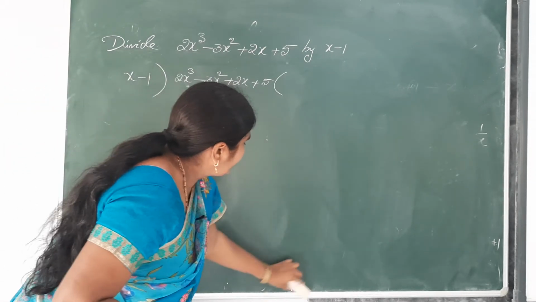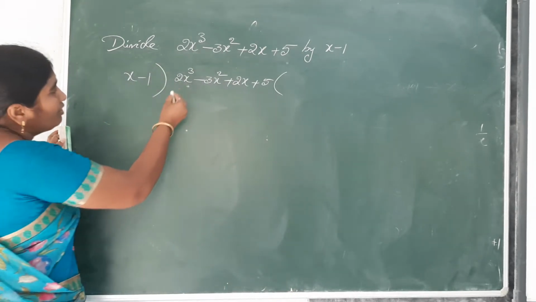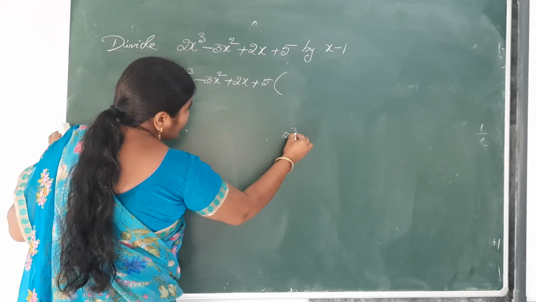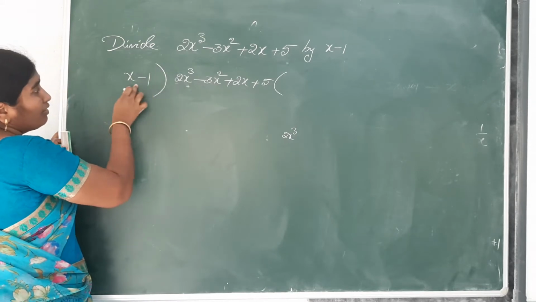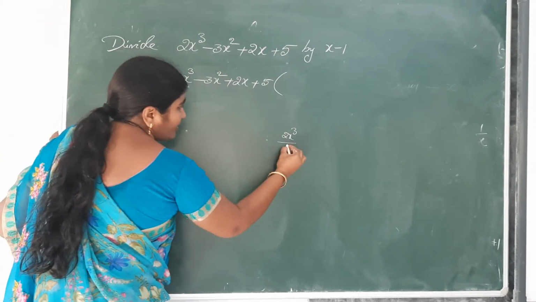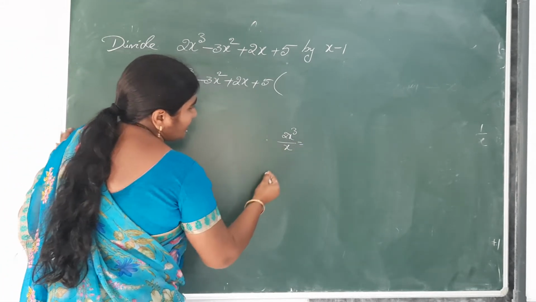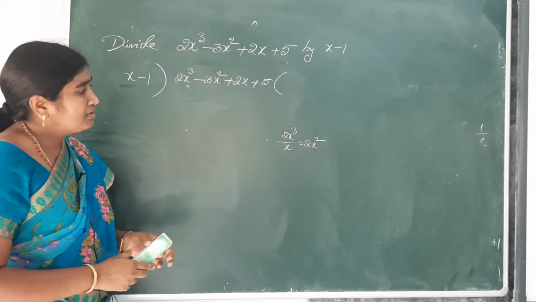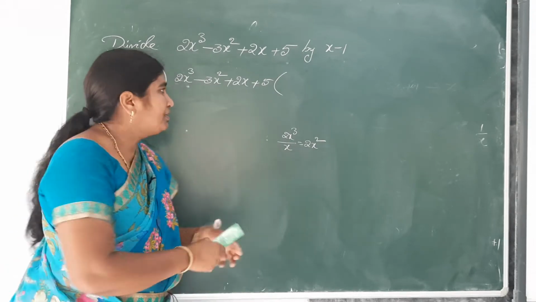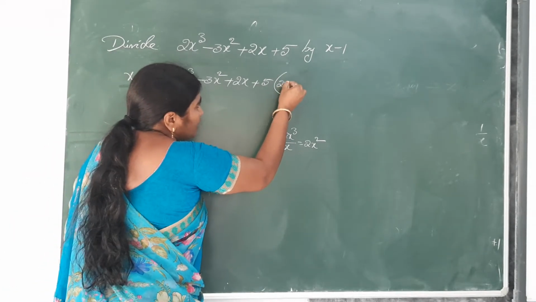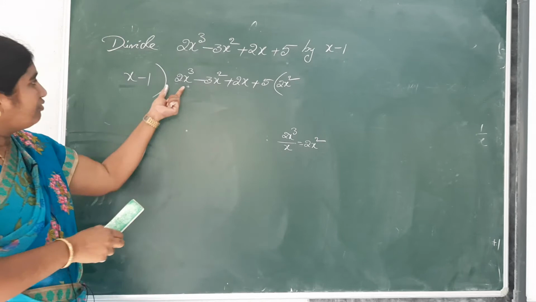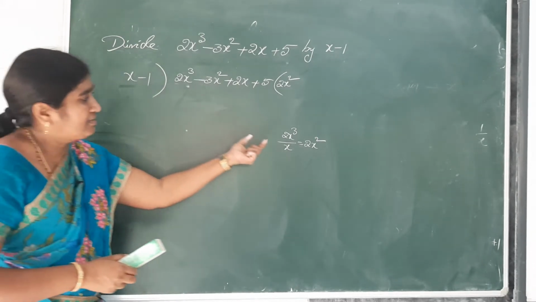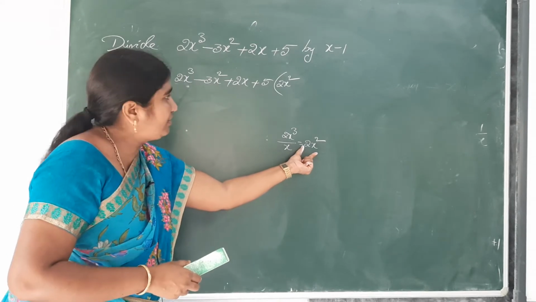Recall the division process. First term in dividend 2x cube by first term in divisor x equals 2x square. It becomes the first term in the quotient.